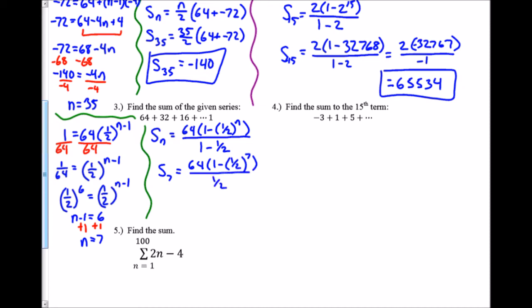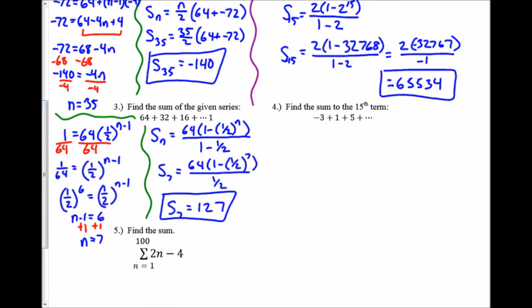So again, I just want to plug this into my calculator. 1/2 to the 7th power gives me a 1 over 128. And then when I subtract the 1, that's 127 over the 128. And when I multiply all this out, that's going to give me a 127. Okay? So again, just be careful plugging this thing into the calculator. Do it in a couple steps if you need to. Okay?